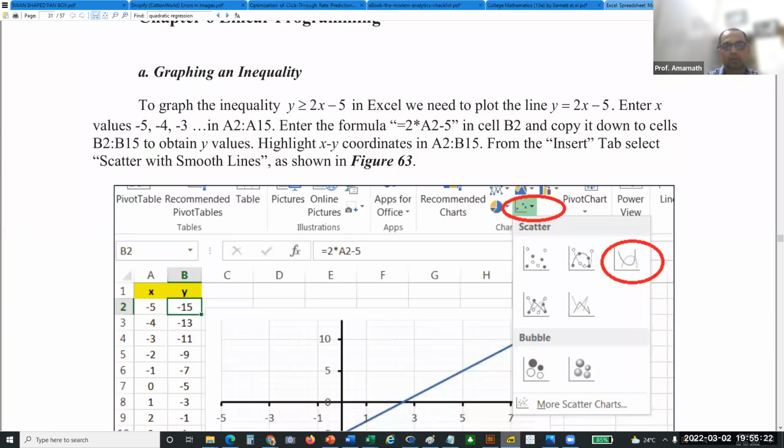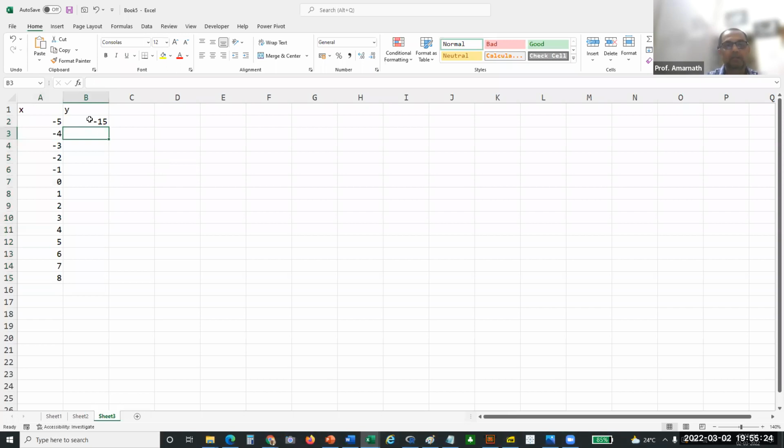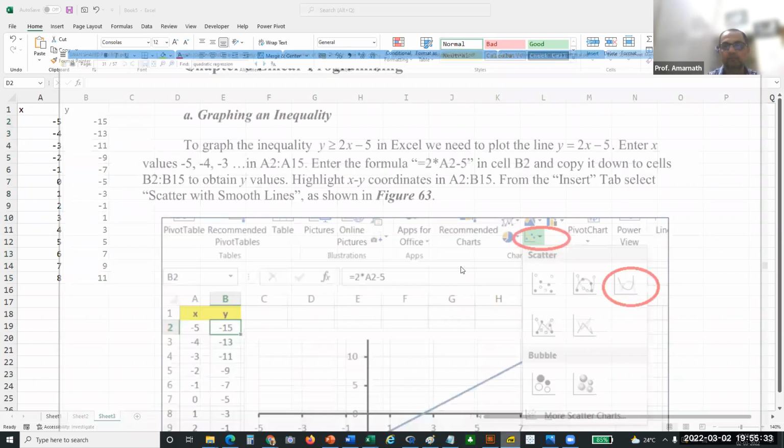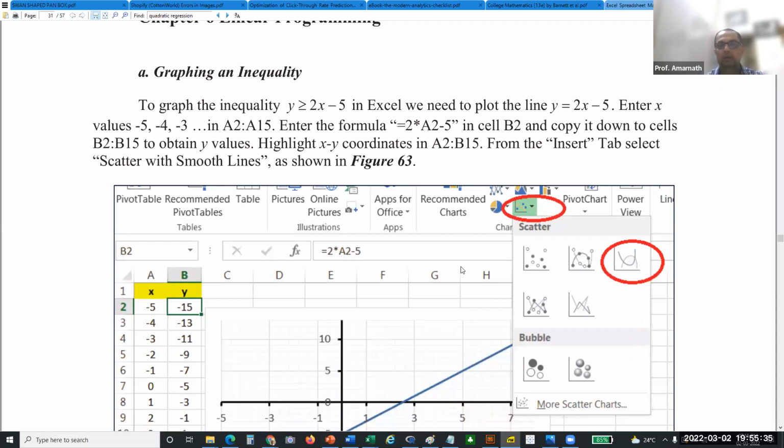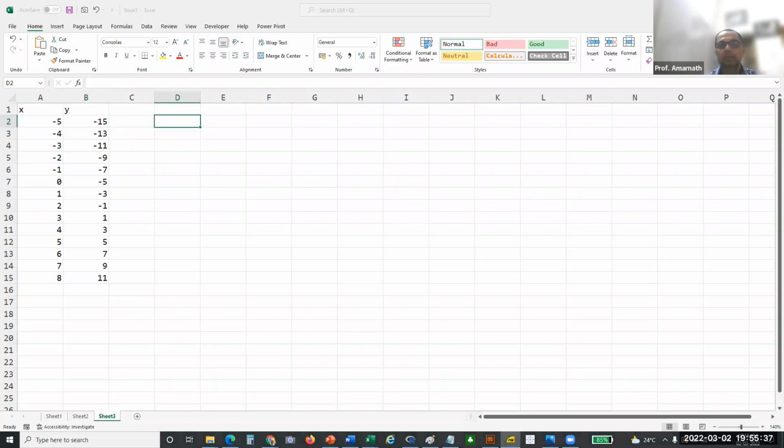So minus 15. Okay, so this is the answer which is for y. A2 to B15, highlighting.